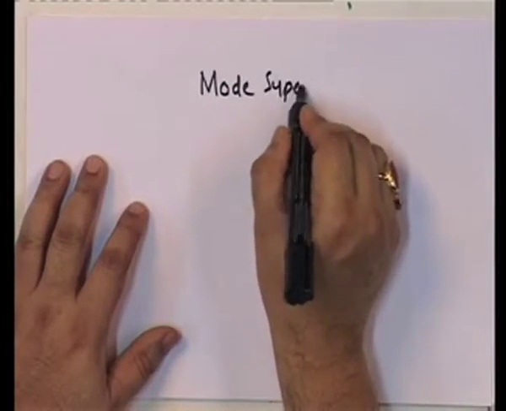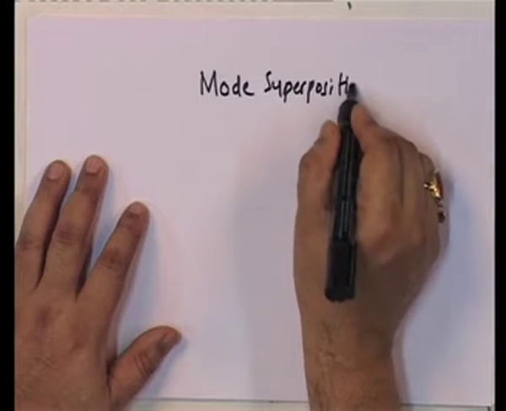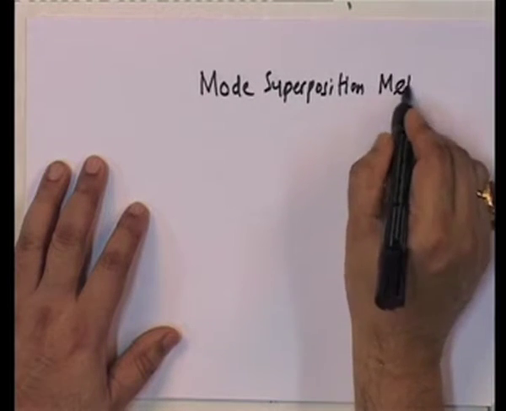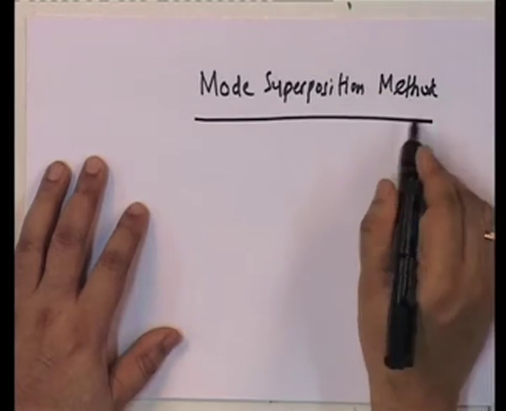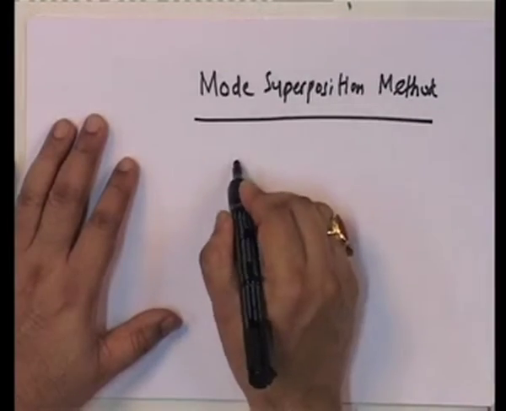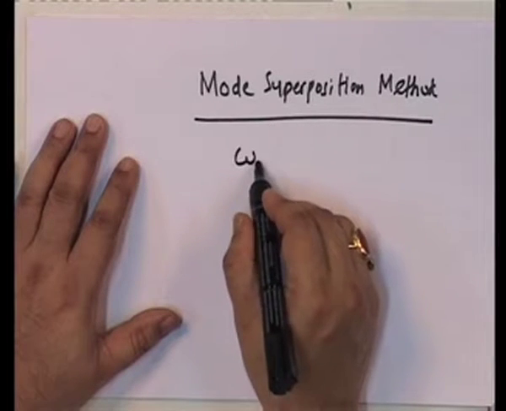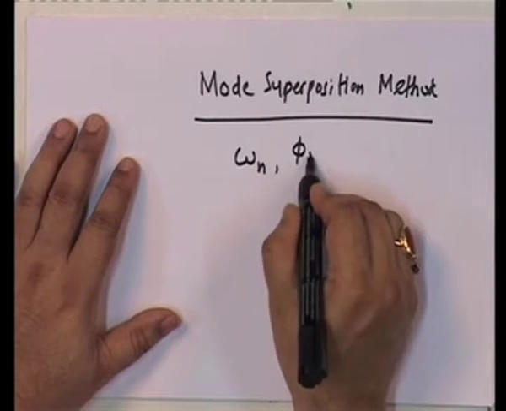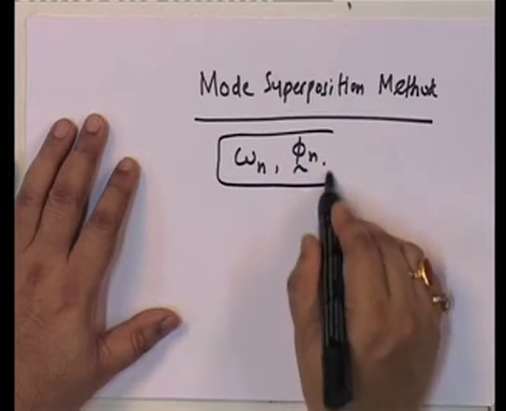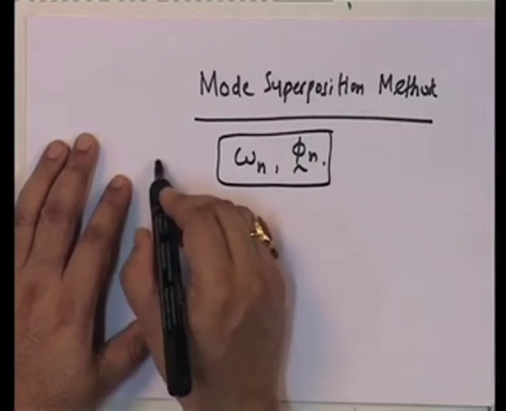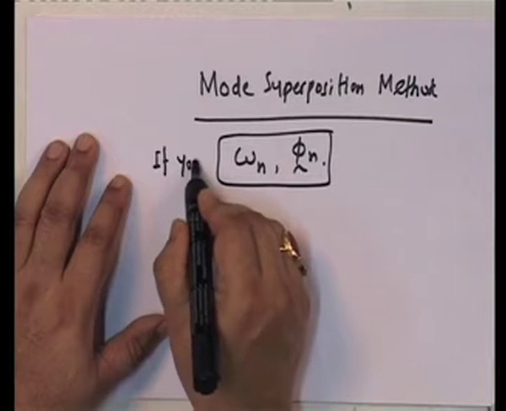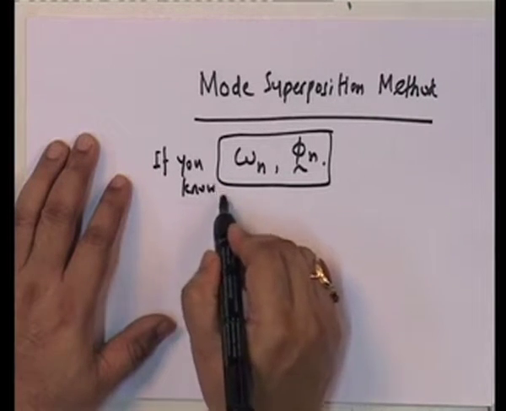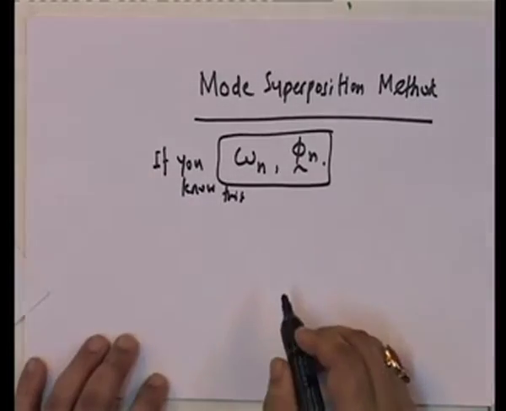What did we do? We talked about mode superposition. And the point that I make is the following: as long as you know omega n and phi n, the mode superposition method is the only way to go.